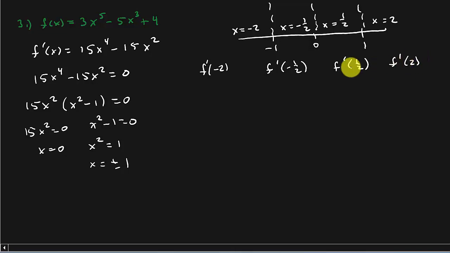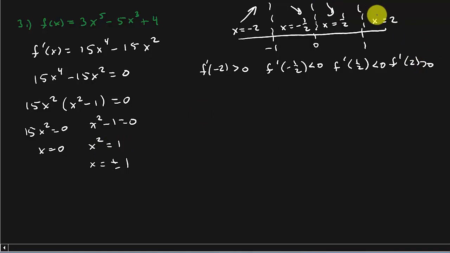All right, so just real quick, because we've done several of these, let's plug the -2 in. That's positive, positive, that's positive. Plug the -1/2 in. This out here is always positive, so this is going to be a negative in here, so that's going to be less than 0, so that's decreasing. Same thing here, less than 0, that's decreasing.